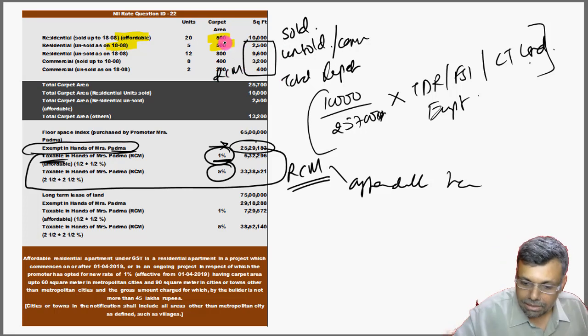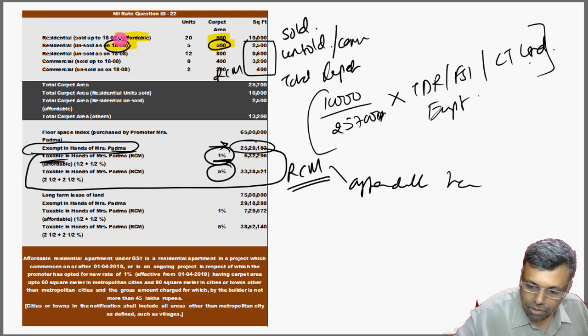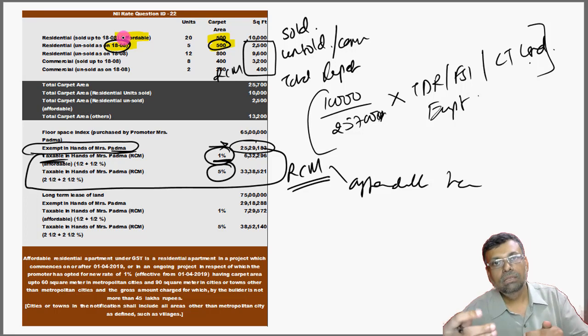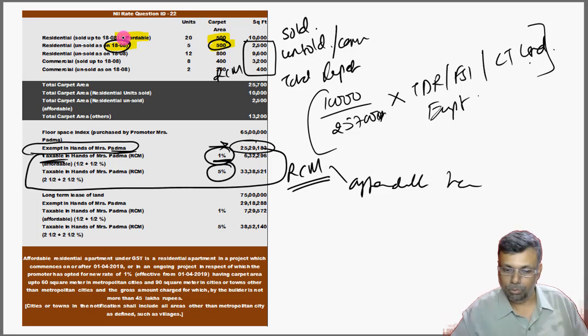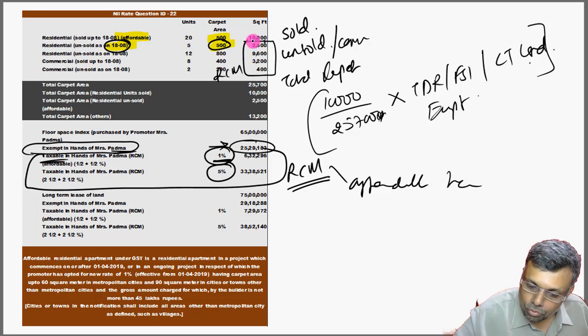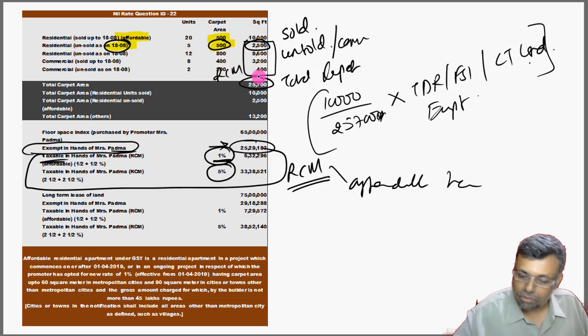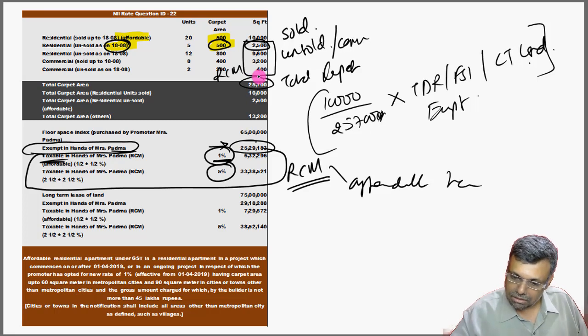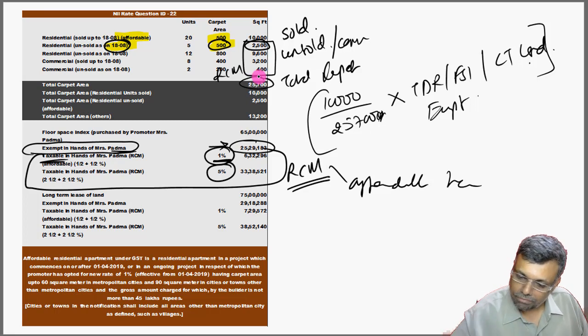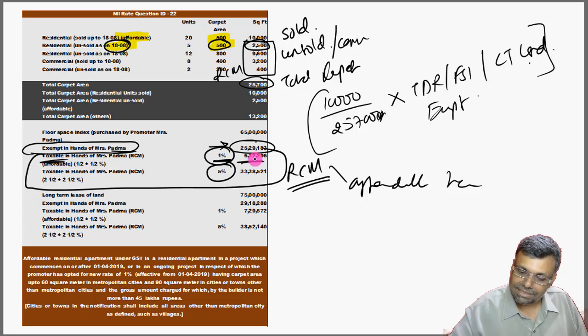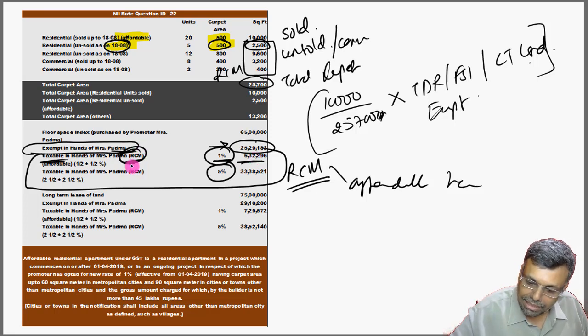But in the RCM, if it is affordable housing, then to that extent the rate of GST is a little bit concessional. That's the reason you have to take a different proportion. So this 2,500 square feet out of total 25,700, roughly about 10% or so, to that extent also it is taxable on an RCM basis. It is taxable on an RCM basis, but the only thing is that the rate is different.